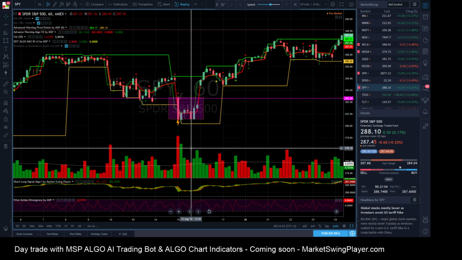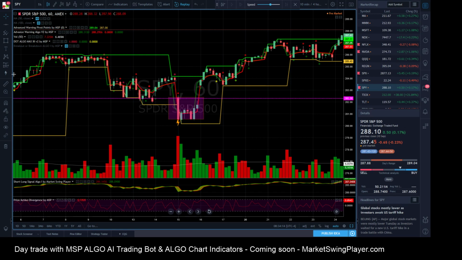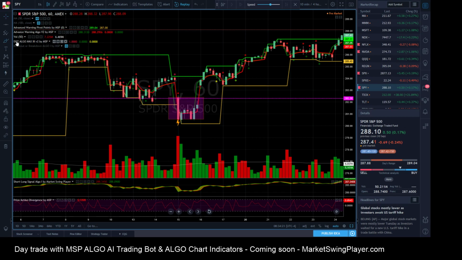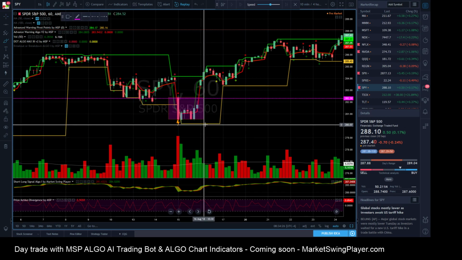Another thing you can do is do nothing and just wait for a breakout or a breakdown. Okay? So we know that this thing is chopping in this box. We don't know what it's going to do. We got a bottom, we got a top.